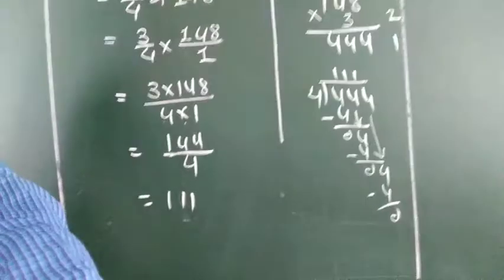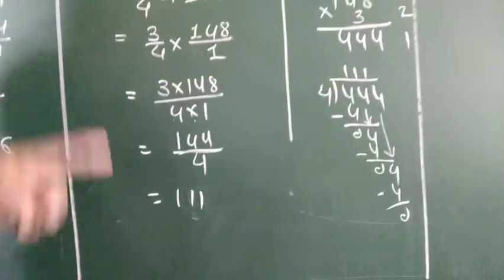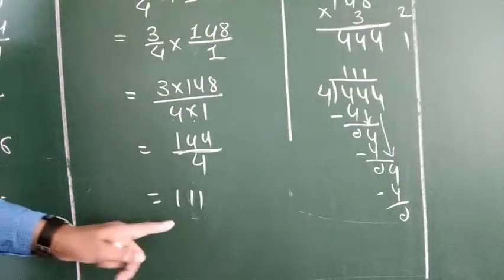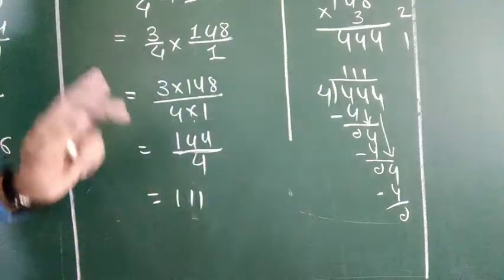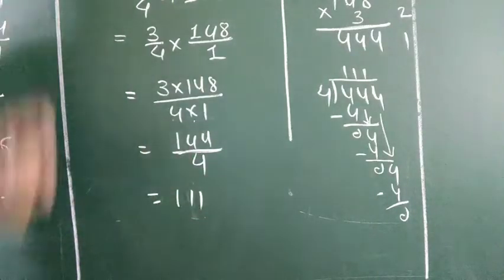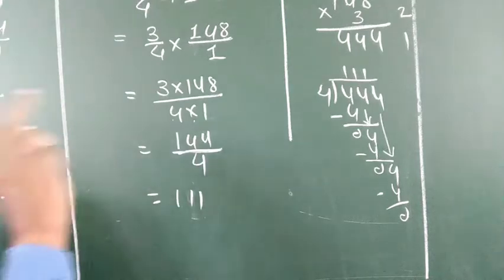So what is this 111? It is the number of students who are present out of 148। 148 में से 111 means 111 are present there। अब the question is here, how many students are absent?